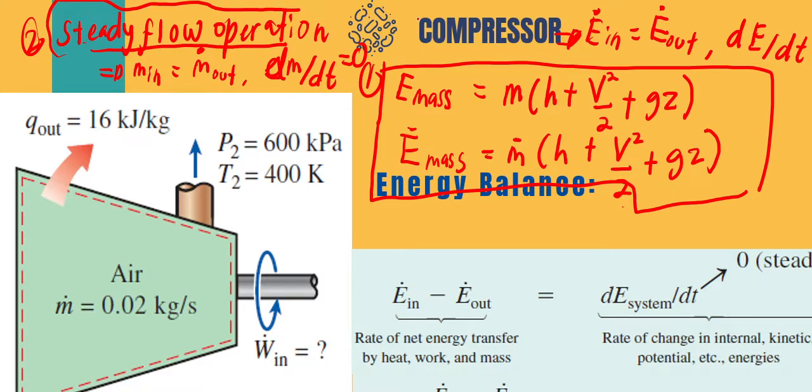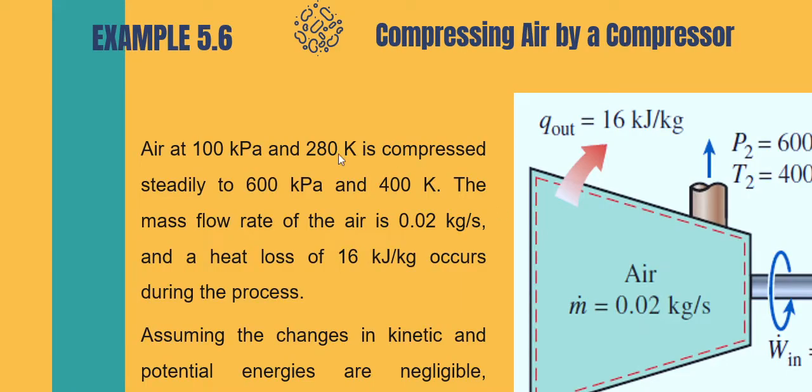Right, and can you recall the general energy balance for steady flow operation? Okay, let's write it here. What is in, what is out? So the rate of energy in equals the rate of energy out.